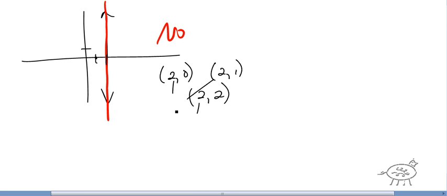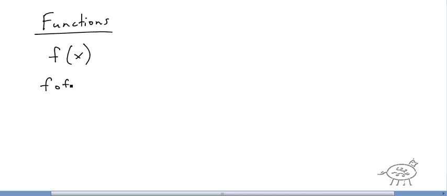Okay, so the last thing I want to do is talk about, given a function, and so these are actual functions. So this is new notation. This is called, and you actually say it this way, f of x.